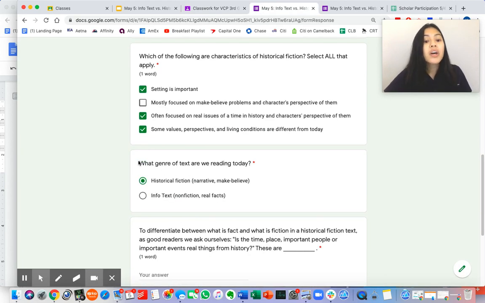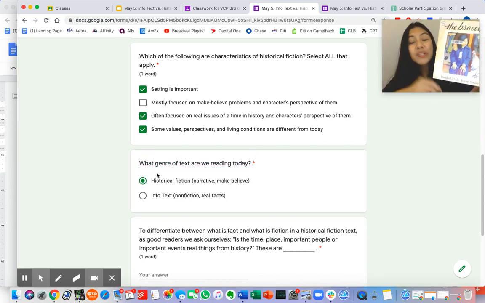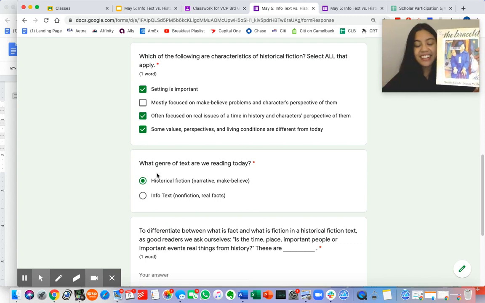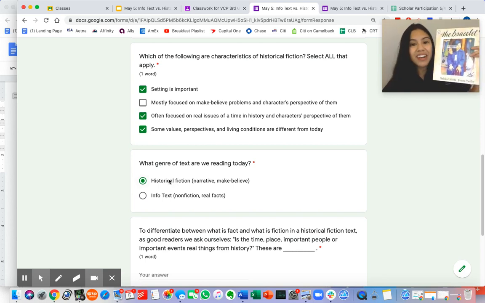So first of all, the genre of text that we are reading today is, yes, historical fiction. Good. Make sure that you add that if you haven't already.